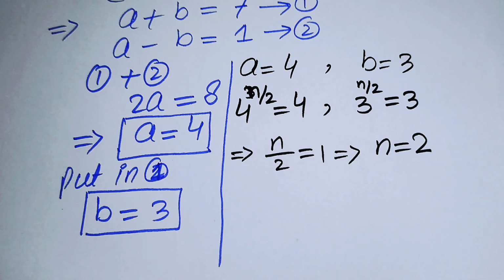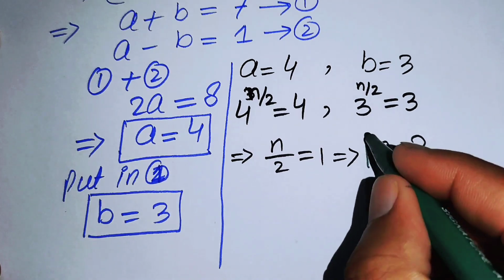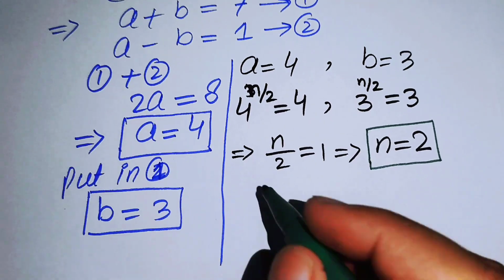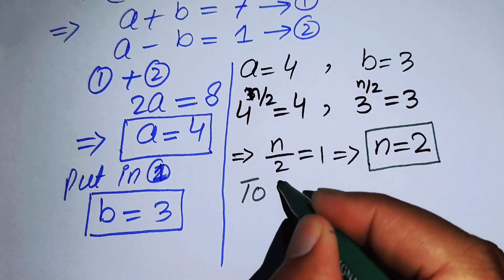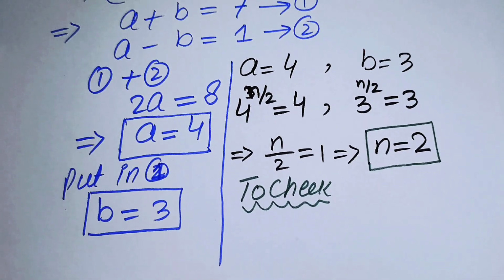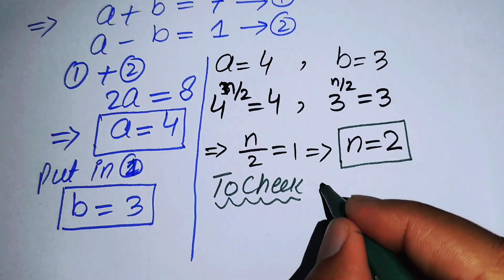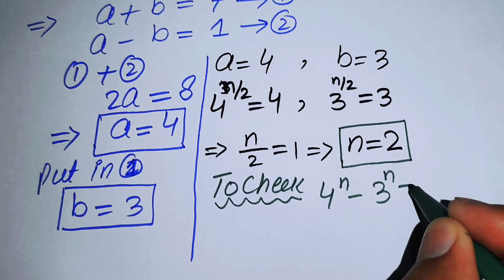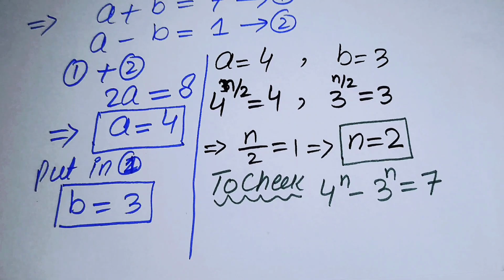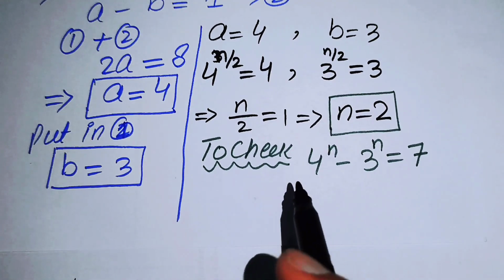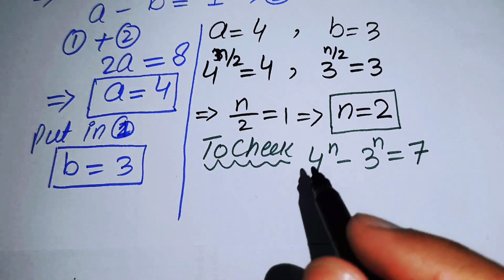So this is our final value for this question, and now we can check whether this value satisfies the given question statement or not. Our question statement is 4 to the power of n minus 3 to the power of n is equal to 7. Now you can just put n equal to 2 here and see whether both sides are equal or not.